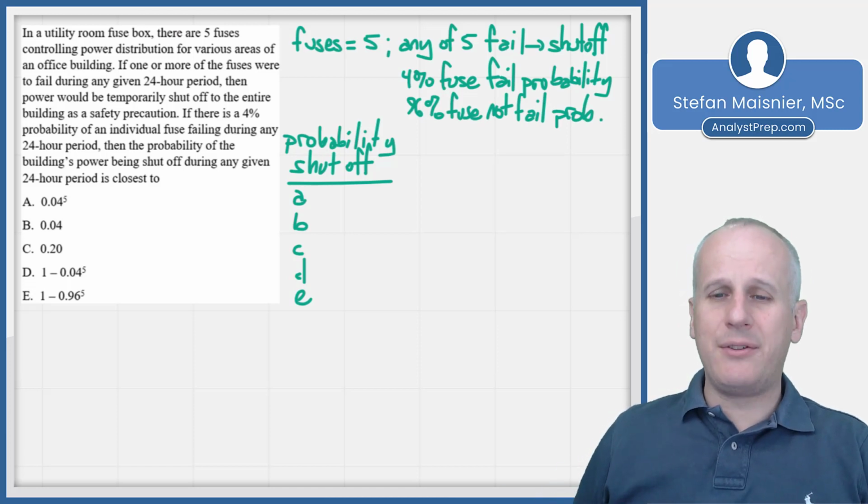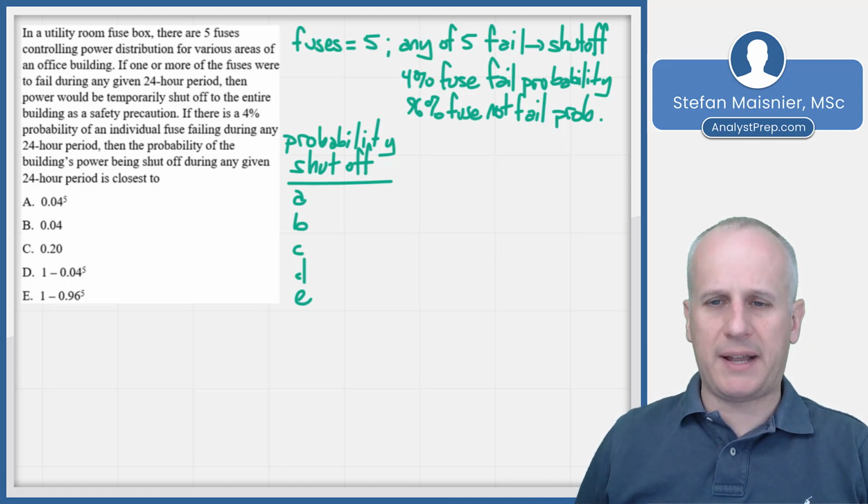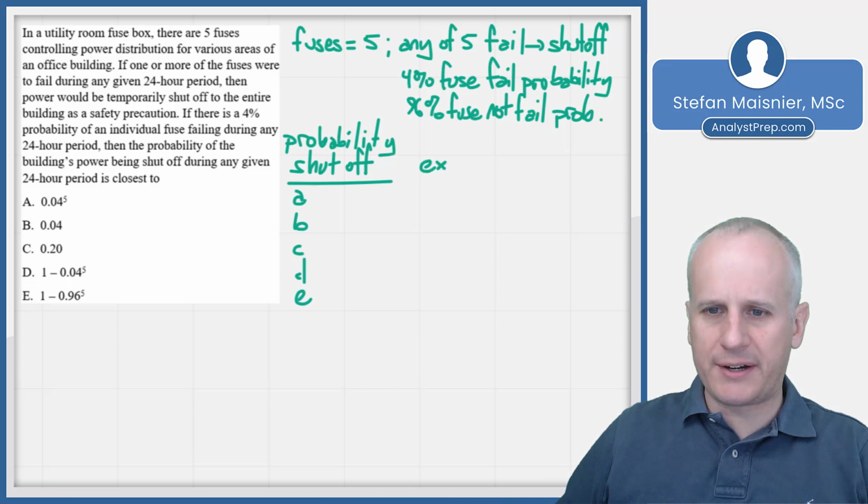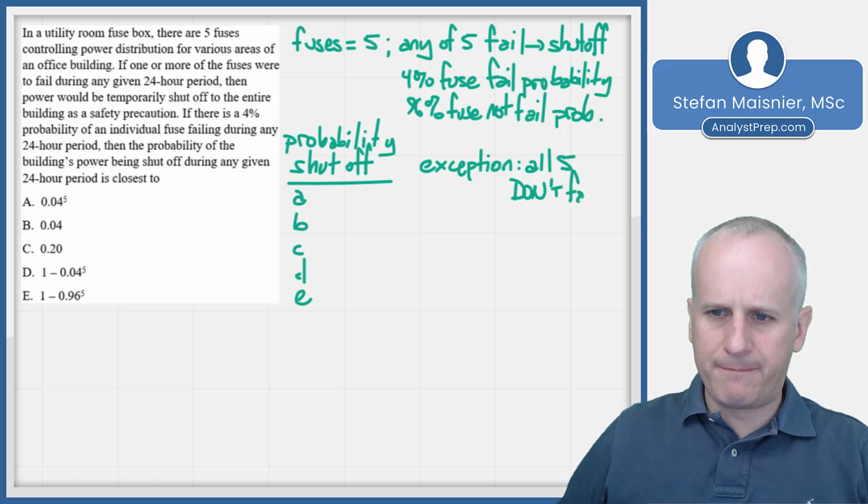So now, rather than just going headlong into considering all of the different ways that a shutoff is possible, you might note that there's only one way that a shutoff doesn't occur, and that's ultimately going to be our exception. So our exception is going to be that all five don't fail.